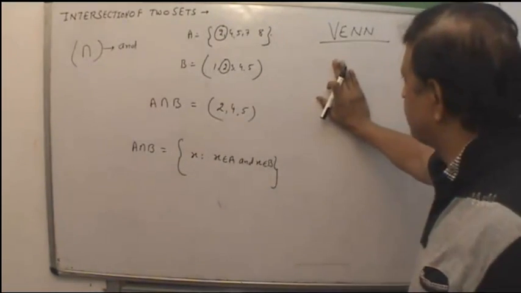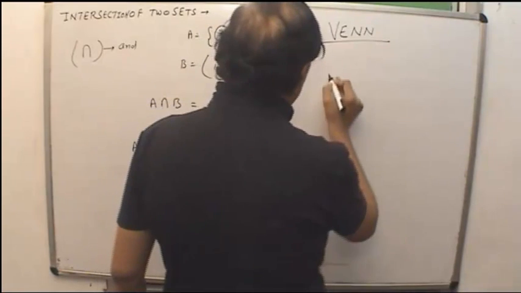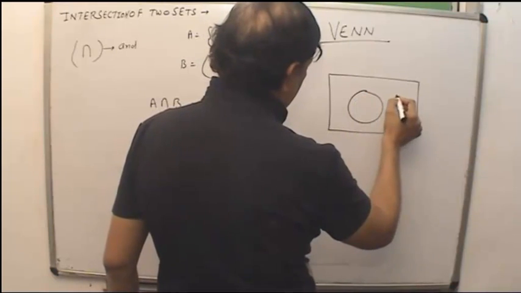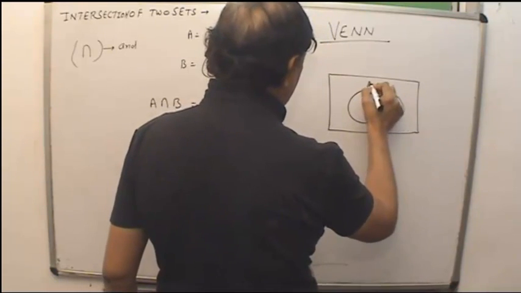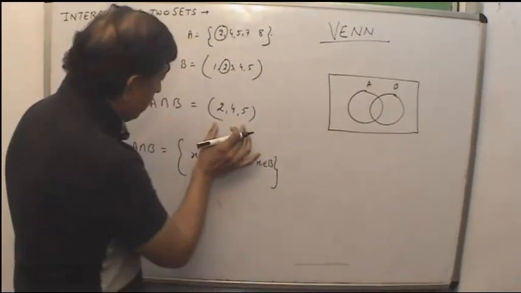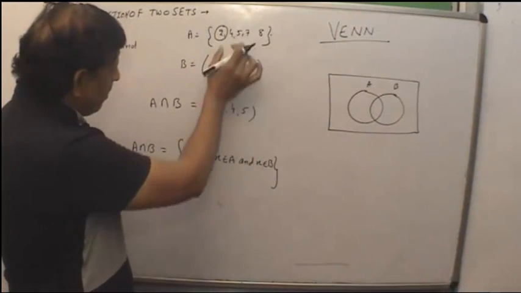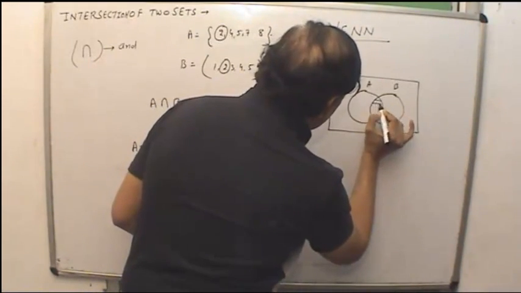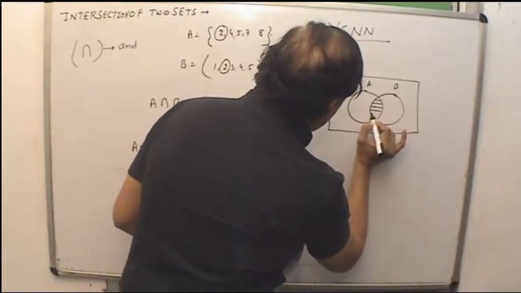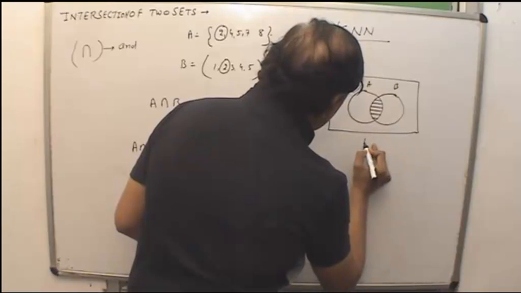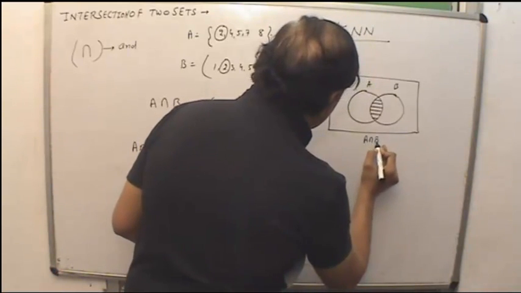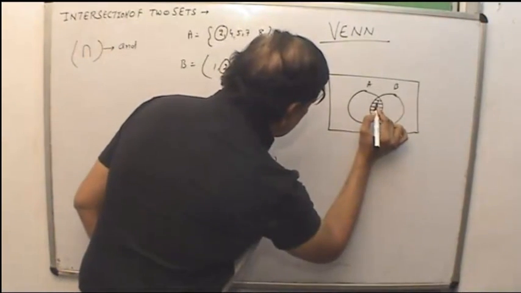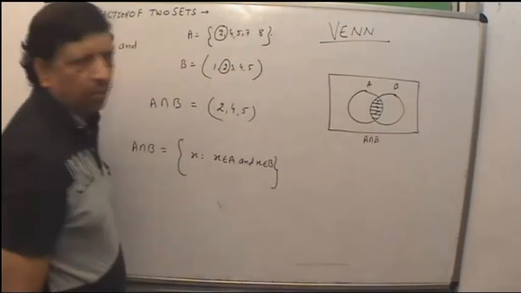Now, how to draw its Venn diagram? Again, we take the sets A and B. The common elements of both the sets, this portion which is under shade, is the A intersection B. If we want to write these elements, we will write 2, 4 and 5 in this portion.